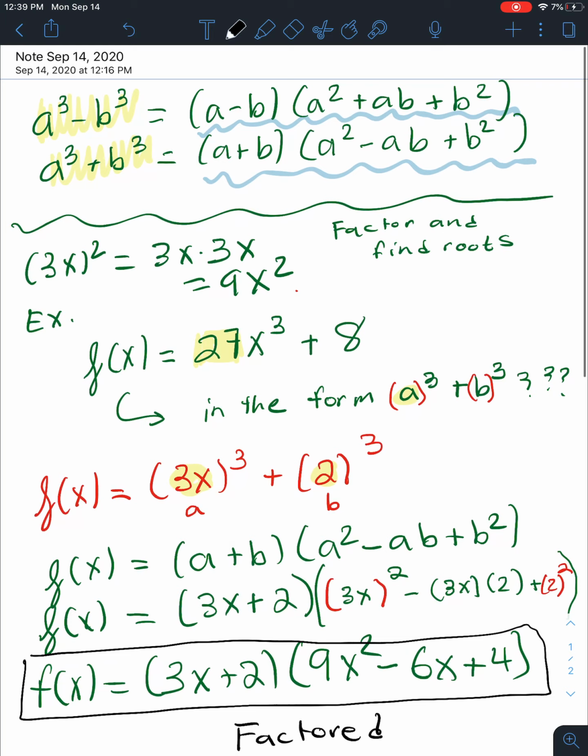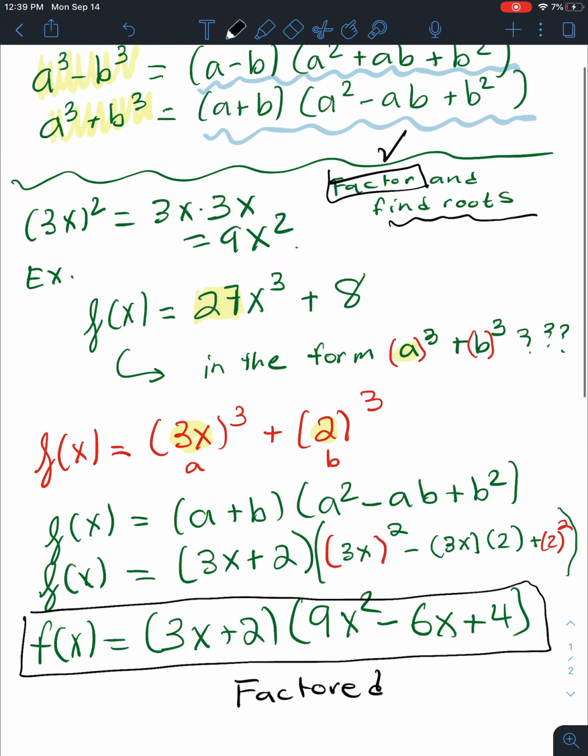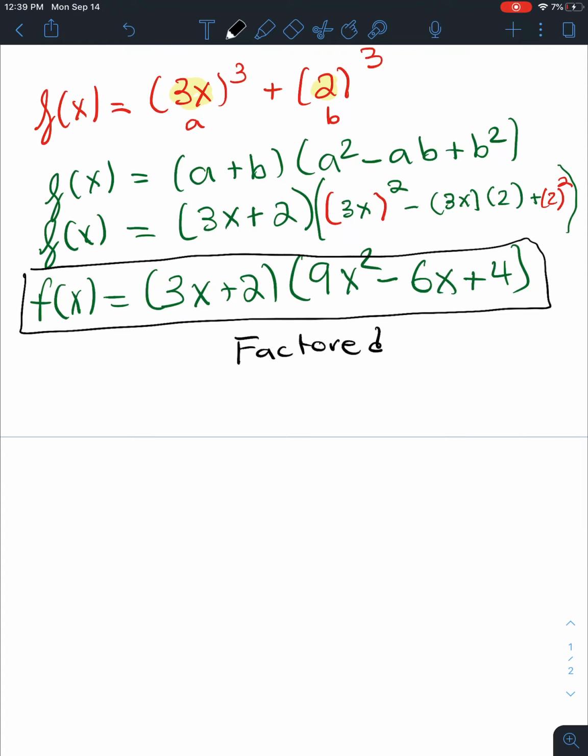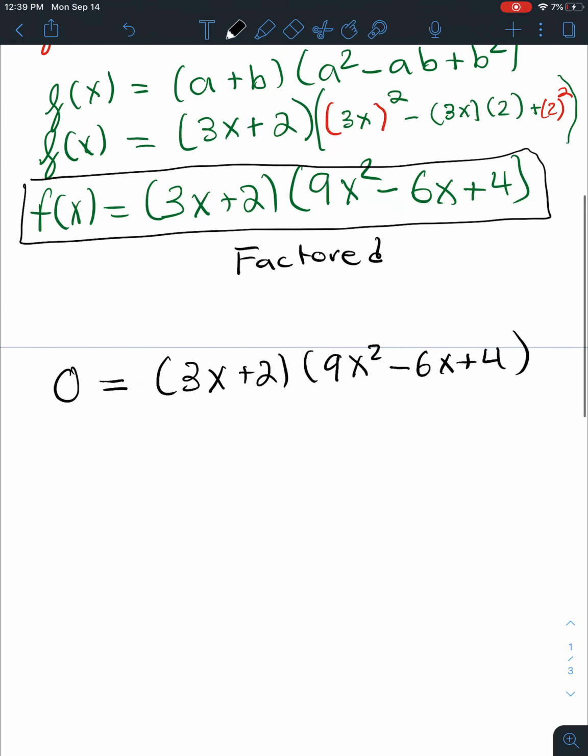But if we go back to instructions, it says factor, check, and it says find the roots. So to find the roots, we're substituting 0 for f of x, and we're going to have to set each factor equal to 0. So we're going to do the first one, which is just 3x plus 2 equals 0.